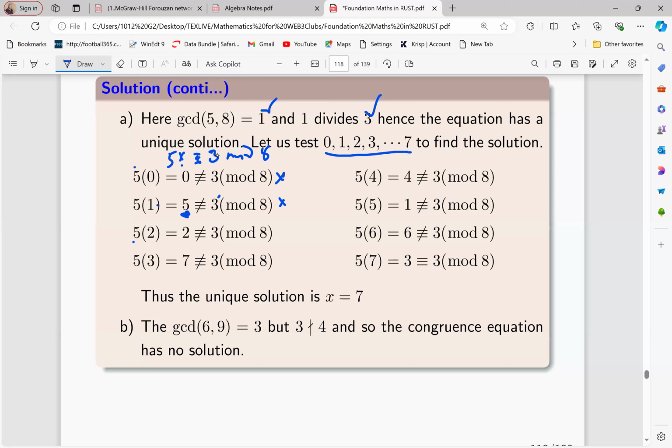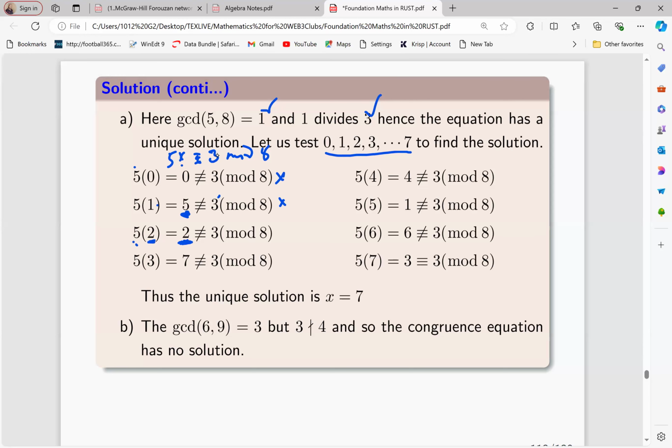When x is 2, we get 10. 10 mod 8 is the same as 2. This is not 3. So again, 2 is not a solution. Let's try 3. 3 times 5 would be 15. 15 mod 8: 8 goes into 15 once, and the remainder will be 7. This 7 is not equal to 3, and so 3 is not a solution.